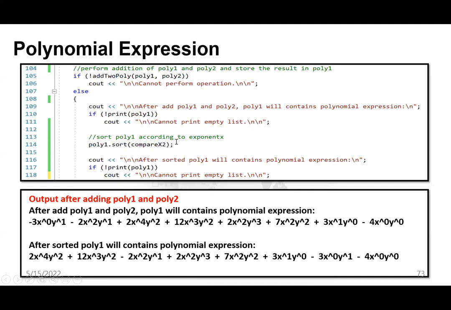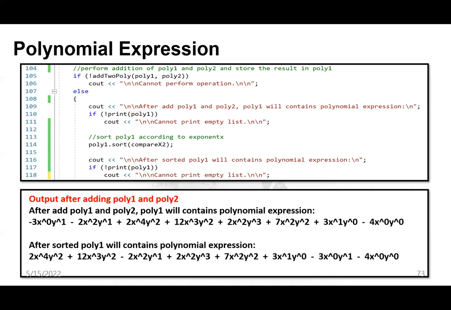Because now inside your node in the list, you are not storing one integer or one float, meaning one data only. You are storing multiple data because it's a structure. You store the coefficient, exponent x and exponent y, right? So that's why this compare x indicates that it uses exponent x.